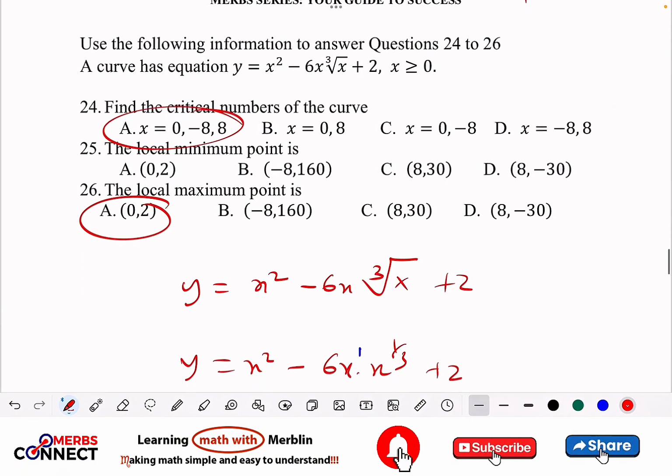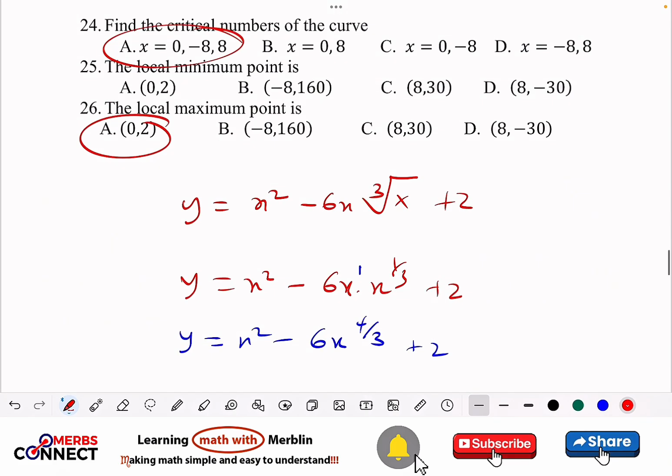And then the cube root of 8 is 2, and 2 to the power 4 is going to give us 16. 16 times 6 is going to give us 96.